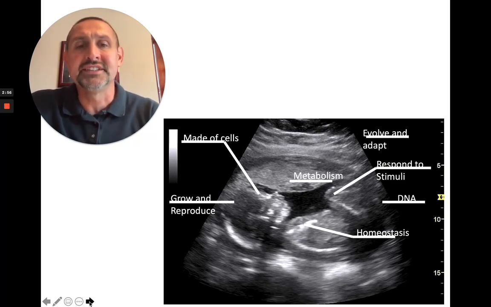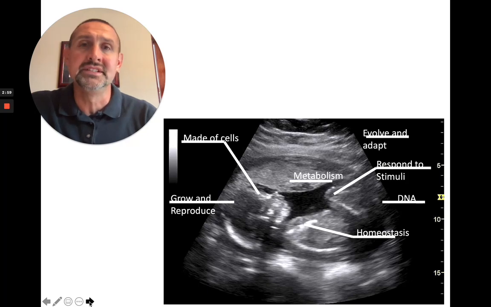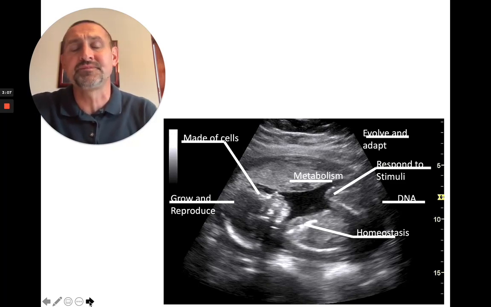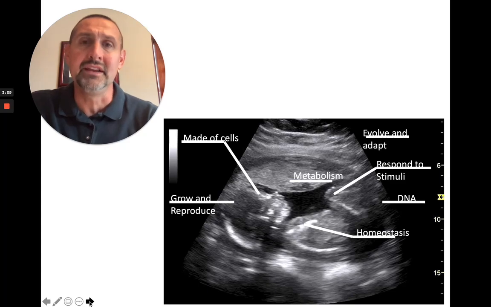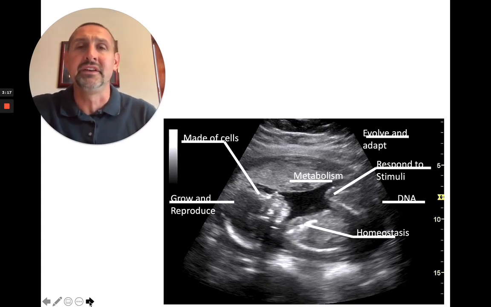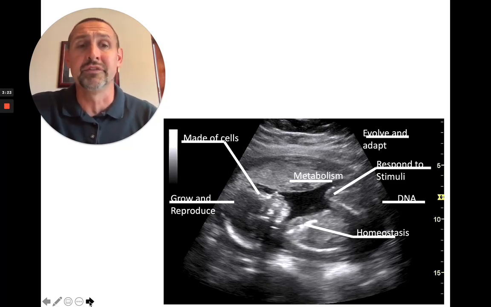So if you take a look at this ultrasound, we can make inferences and observations about this baby and how they have some of these traits. For example, we could take an amniocentesis, some of the amniotic fluid, and we could discover that the baby is made of cells, that there's DNA, half of that DNA comes from the mother, so there's going to be some similarities with the mother, some similarities with the father.